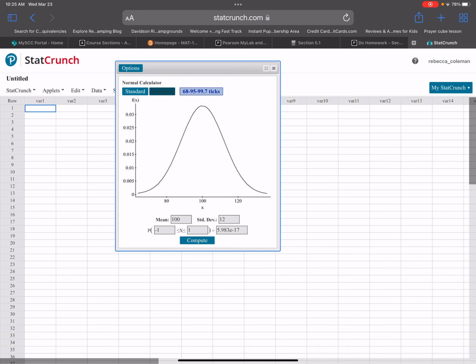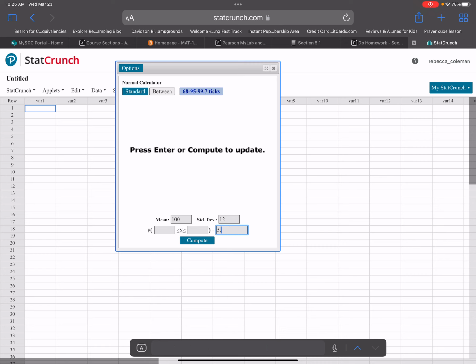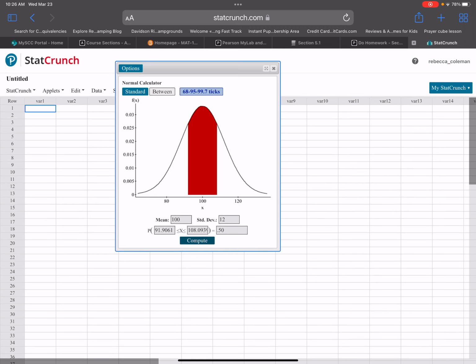We could come in here, go to the between calculator, come over here to our area box, put in an area between, like middle 50%, and it would actually compute two values, 91.91 and 108.09. So keep it in mind too, you can even use it for a between area if you're given a middle percentage versus a bottom or a top.